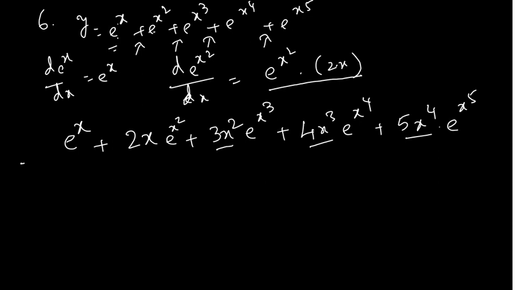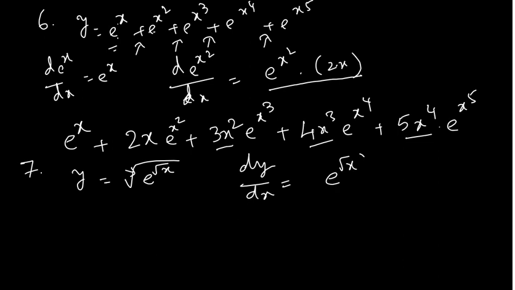Seventh one, y is equal to square root of e power root of x. So dy by dx equal to, first one is the root. That means you have to say e power root of x to the power of half, right? So this half will come in the front. Half minus 1, and then differentiation of this.